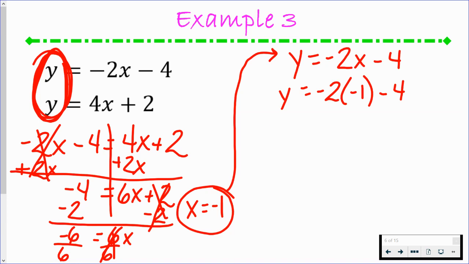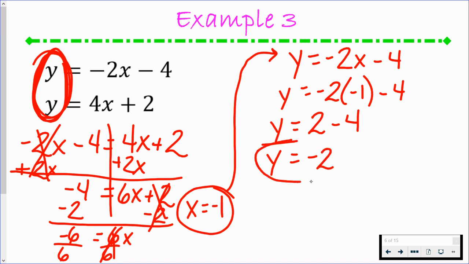Negative 2 times negative 1 is positive 2. Then 2 minus 4. Remember, you're taking away more than you have, so you're going to end up in the negatives. y equals negative 2. So my solution here would be (negative 1, negative 2).